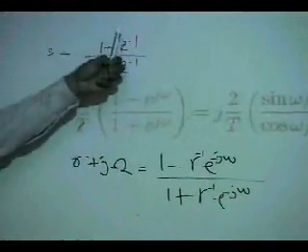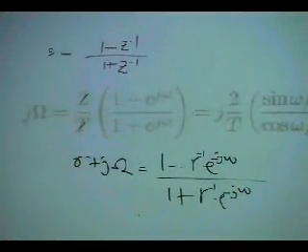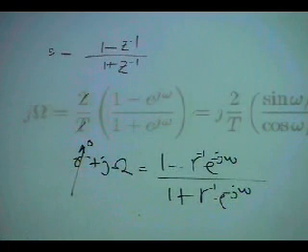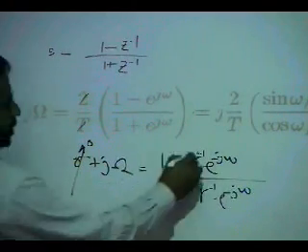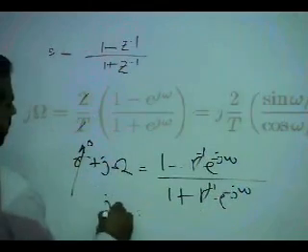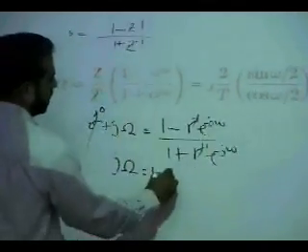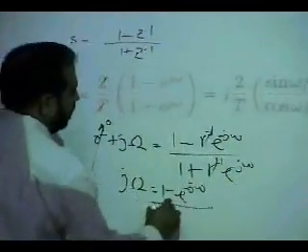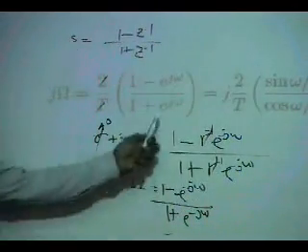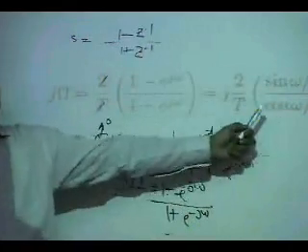I am just writing the value of z, which is r exponential j omega. What if sigma is equal to 0? We already know if sigma is 0, r is equal to 1. So you are left with this expression which says j omega is equal to 1 minus exponential minus j omega over 1 plus exponential minus j omega. And this we know by a simple trick is reduced to this expression.